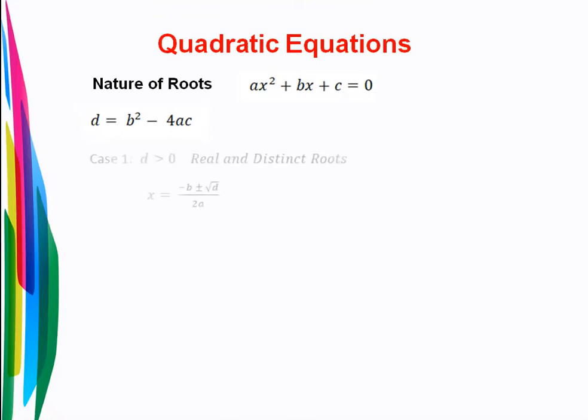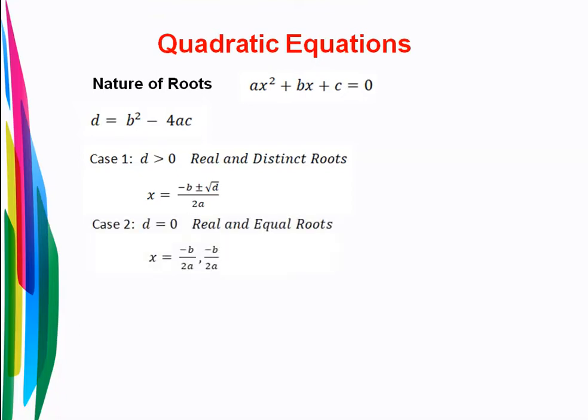In case D is greater than 0, then it has real and distinct roots, and the roots are given by minus b plus minus root D upon 2a. That means the two roots will be real and they are not equal to each other. They are distinct.